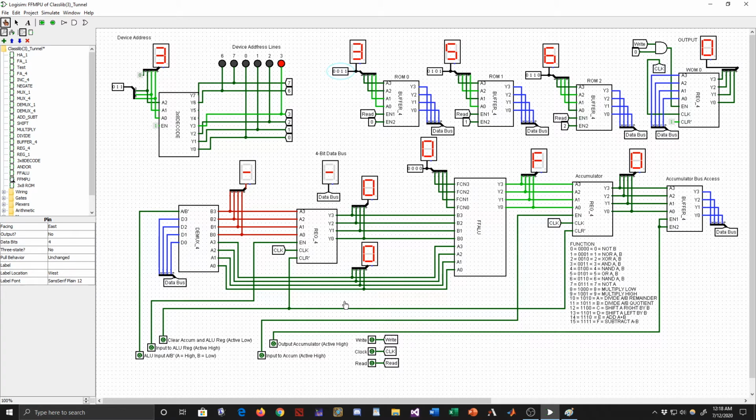Now we are going to act as what is called the microcontroller, and the microcontroller controls the microprocessor. The microprocessor is a computer that processes data. The microcontroller tells the microprocessor what to do, and generally this will be done by a Moore or Mealy state machine, which is a good way of doing things.